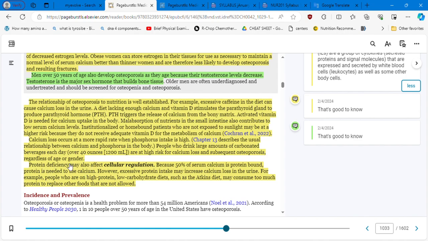Protein deficiency may also affect cellular regulation because 50% of serum calcium is protein bound. Protein is needed to use calcium. However, excessive protein intake may increase calcium loss in the urine. For example, people who are on high protein, low carbohydrate diets such as Atkins diets may consume too much protein to replace other foods that are not allowed.